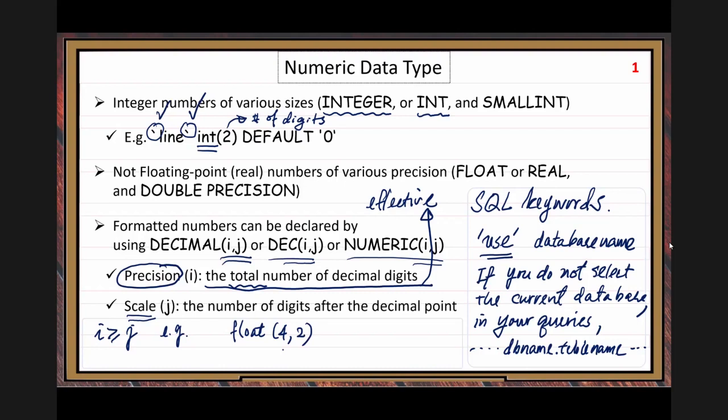You can use fewer than 4, okay? Up to 4. The maximum number of digits before and after the decimal point is 4. But after the decimal point, you can use up to 2 digits. So that's the meaning.